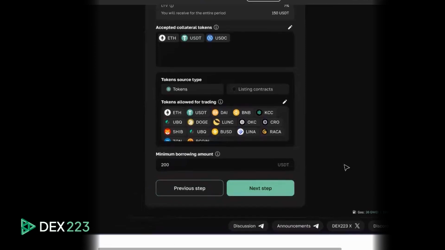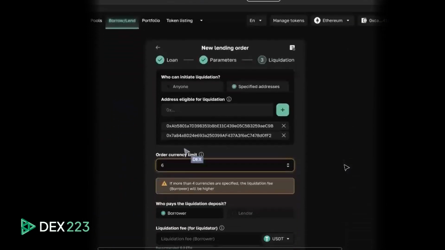And here is the final step of the lending order creation. Here you can see the liquidation parameters. The lender can specify who can execute the liquidation. So in case the lender doesn't want anyone to receive the liquidation fee, he can execute liquidations himself, or he can sign some sort of contract with some organization if they agree to provide the services on some specific rules, and they will require the addresses to be whitelisted here.